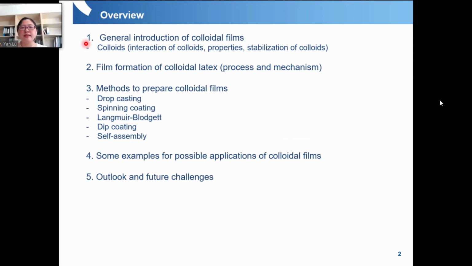Then after this short introduction, we will go into details on the film formation procedure and the mechanism. The deformation of the colloidal particle is one important procedure during film formation, and we will discuss the mechanism behind it.